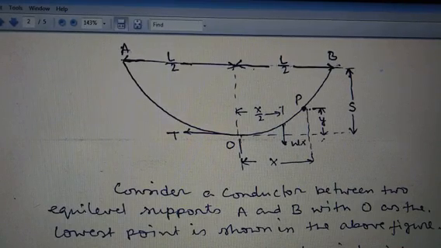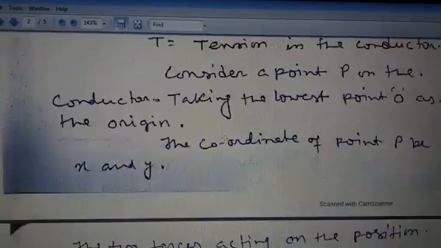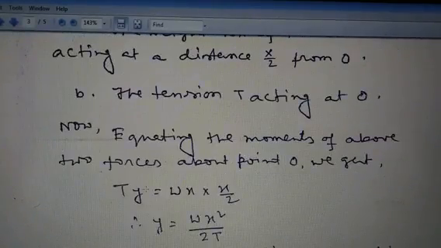Now, equating the moments of the above two forces about point O, we get Ty equals Wx into x by 2. That means y equals Wx squared divided by 2T.